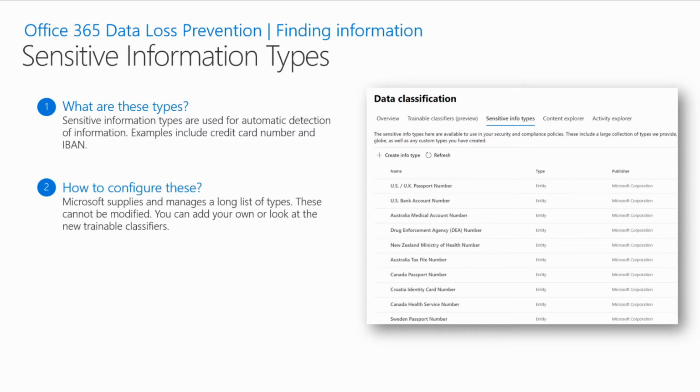They are configured by Microsoft themselves, and really they cannot be managed to a very strong degree, but you can add your own. One of the enhancements right now is the new trainable classifiers, which really enhances this bit as well.